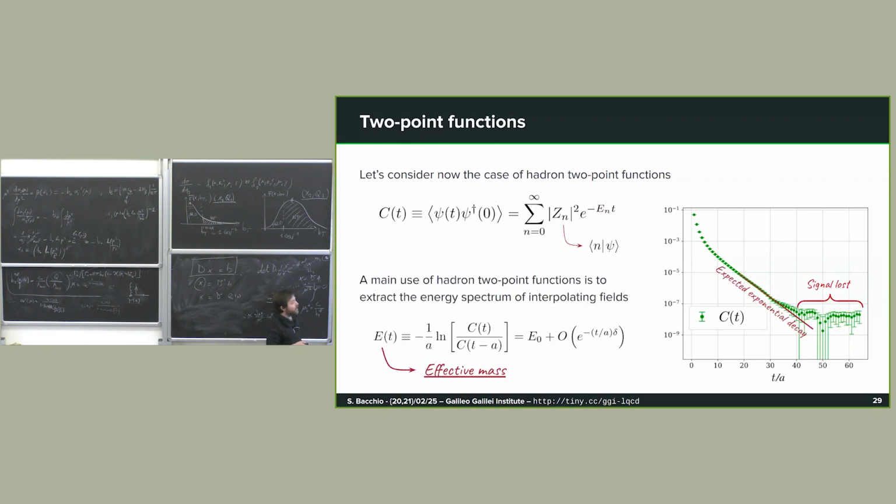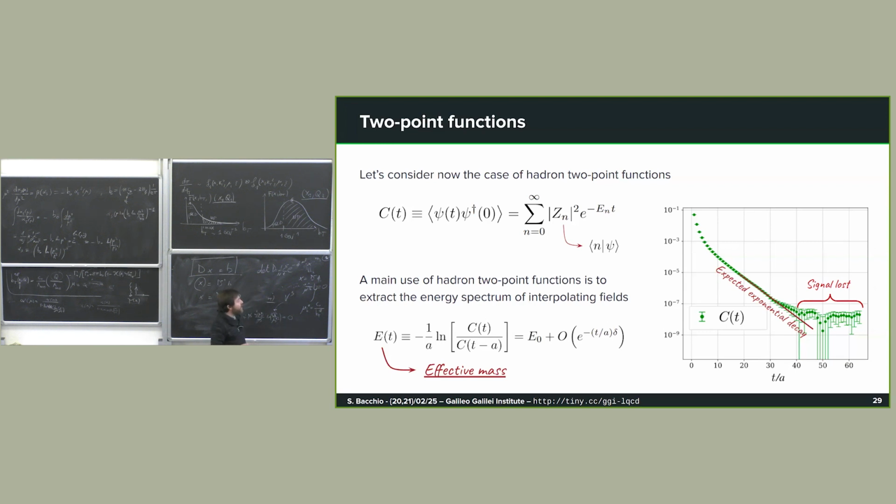So if you are able to identify the region where you are dominated by one single state, so after a very large distance you have only one single state, then this single state is the mass of the particle you're interested in.